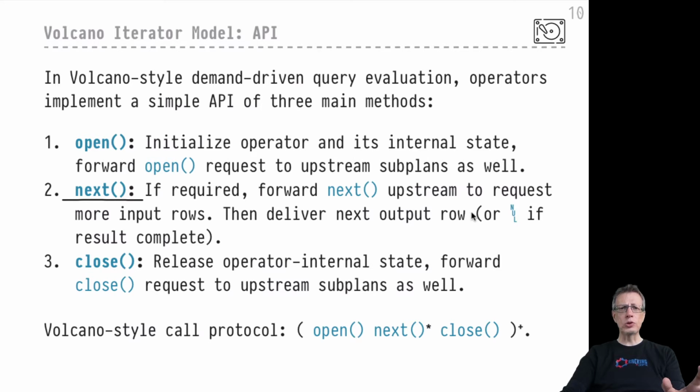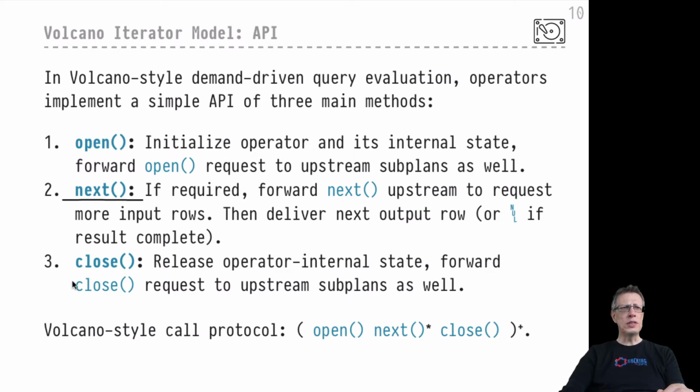It will either also pass null to its calling parent operator, or, well, it may act differently, as we will see in the nested loop join case. All right, so we will either deliver the next output row on next, or we will deliver null to indicate that the delivery of rows is complete.